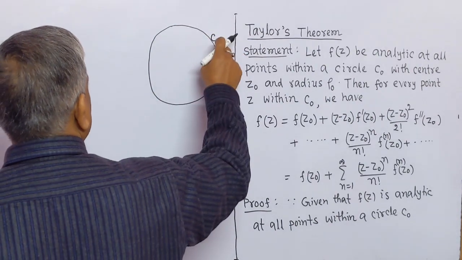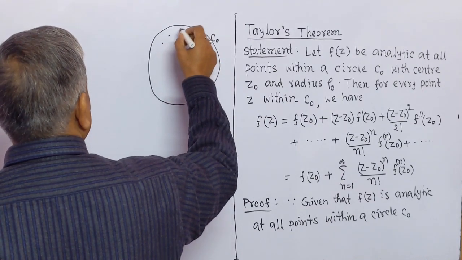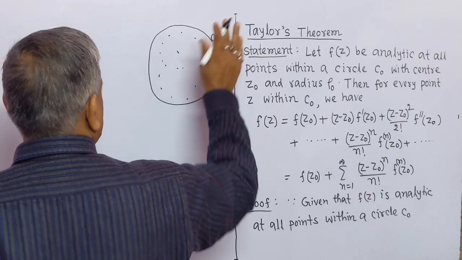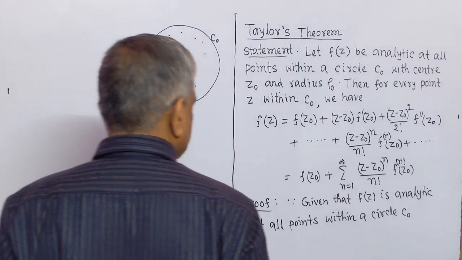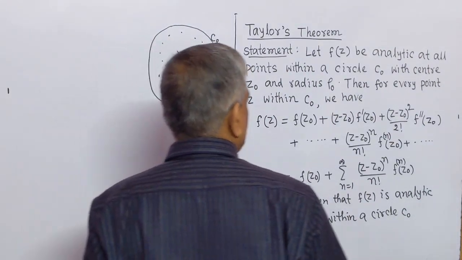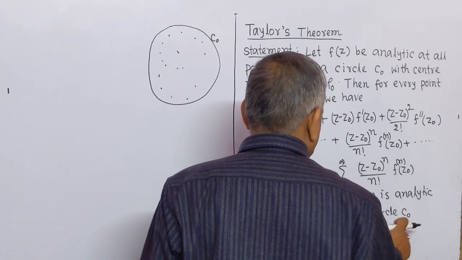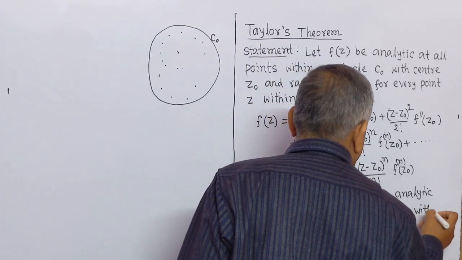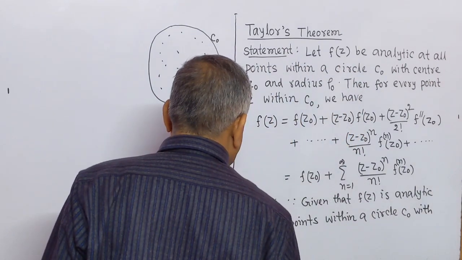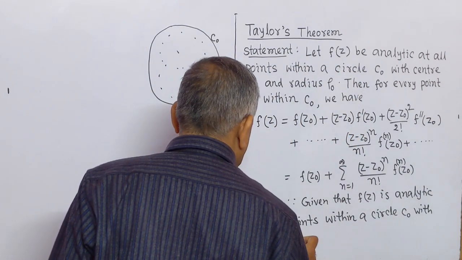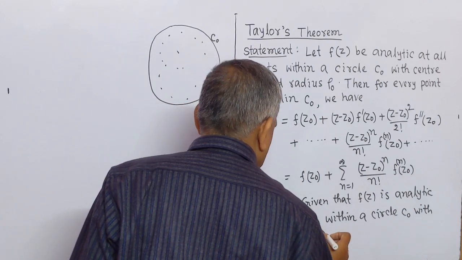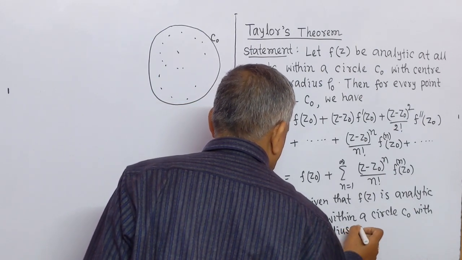Function of z is analytic within all points of the circle C0, with center z0 and radius ρ0.